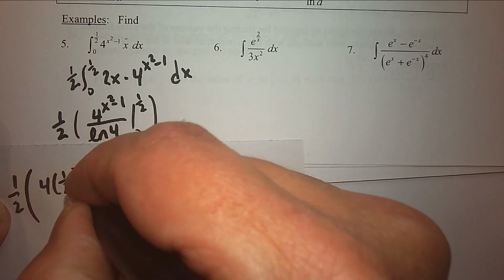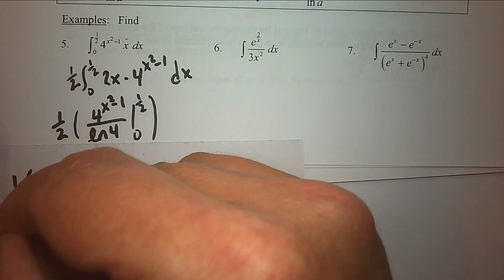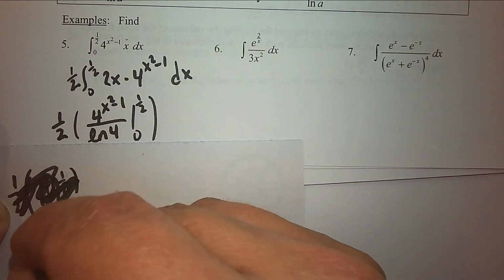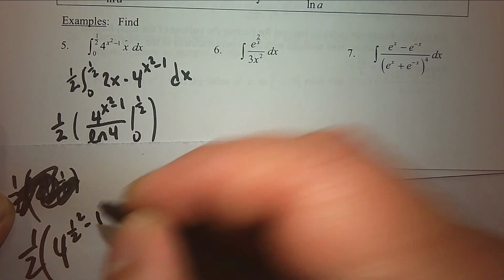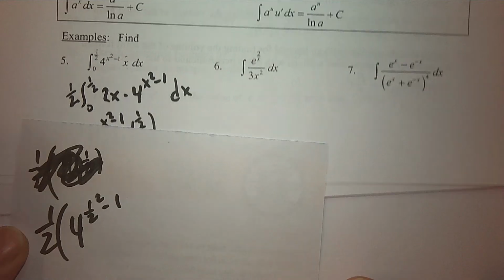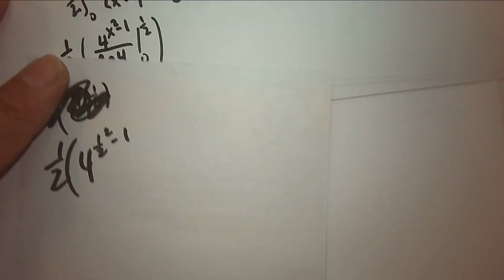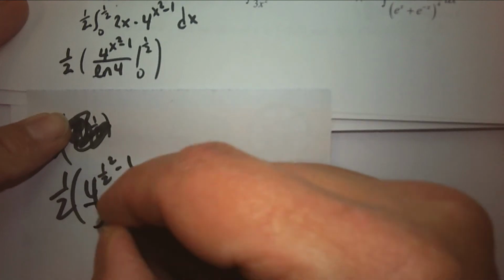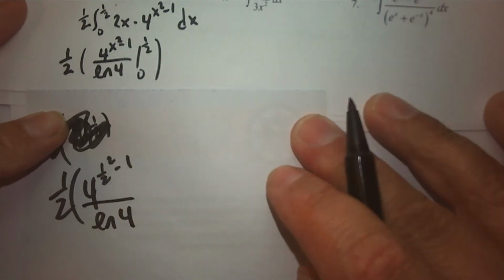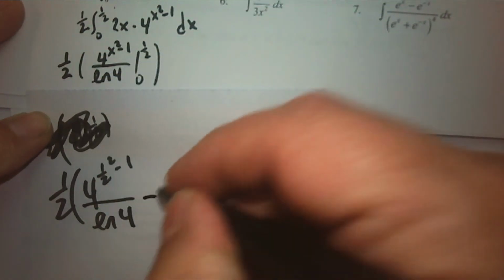So put in 1/2. Oh, let me write right so it's to the exponent. So the exponent is 1/2 squared minus 1 over ln 4 minus, now what number would I plug in?